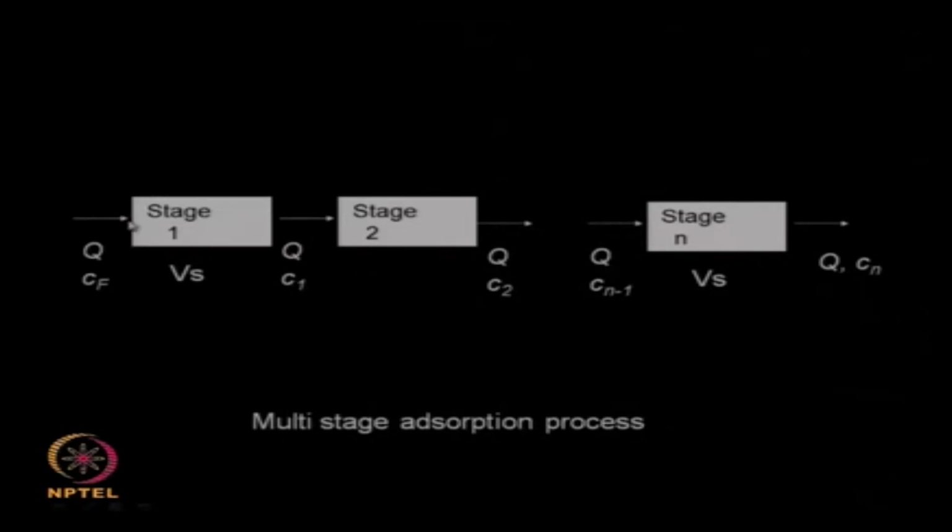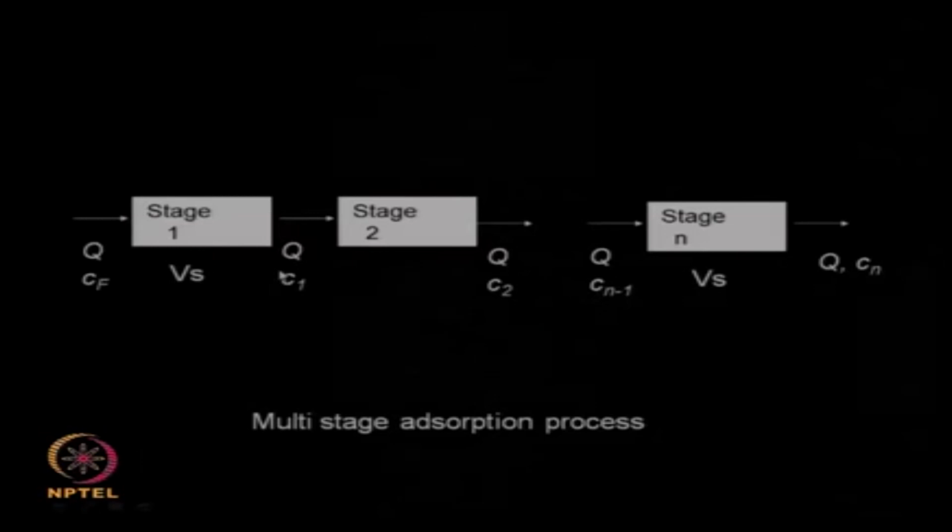So there is a solvent flow and a solute flowing in at a concentration Cf, then again there is a solvent flow out, there is a solute flowing out at a concentration C1, but inside things are well mixed, we can consider it as a stirred tank vessel, and then this material is flowing into the second stage. So the concentration of the solute entering is C1, concentration of the solute leaving is C2, and so on until finally you will have Cn, that is the concentration of the solute coming out at the nth stage.